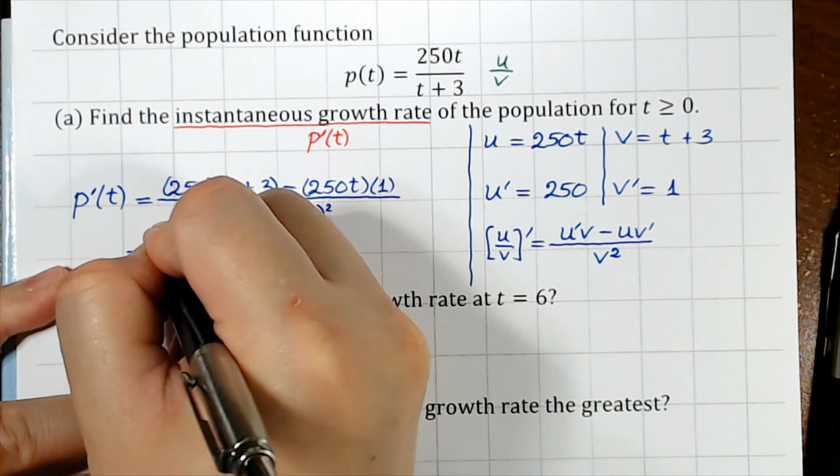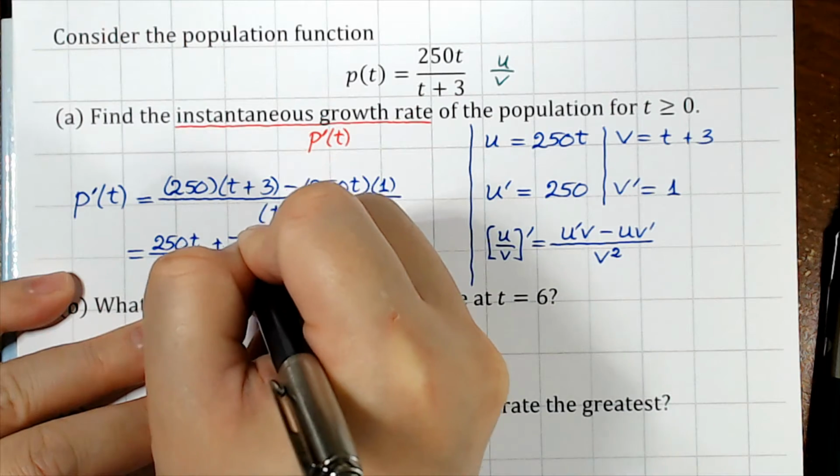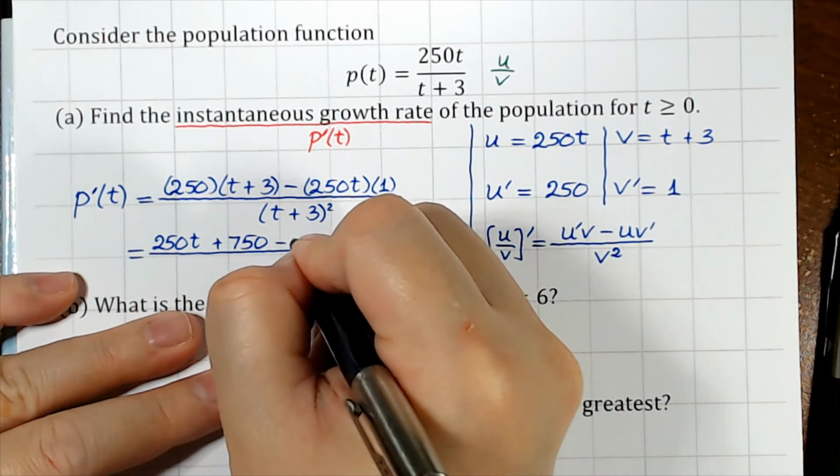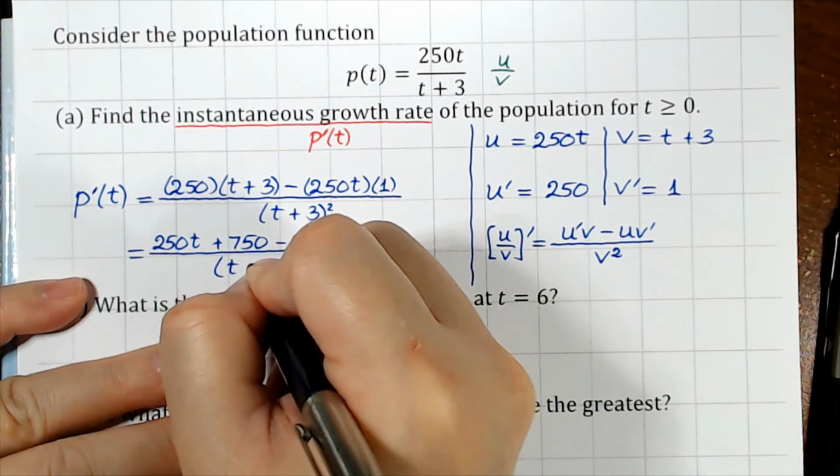Multiplying out, 250t plus 750 minus 250t over t plus 3 squared.